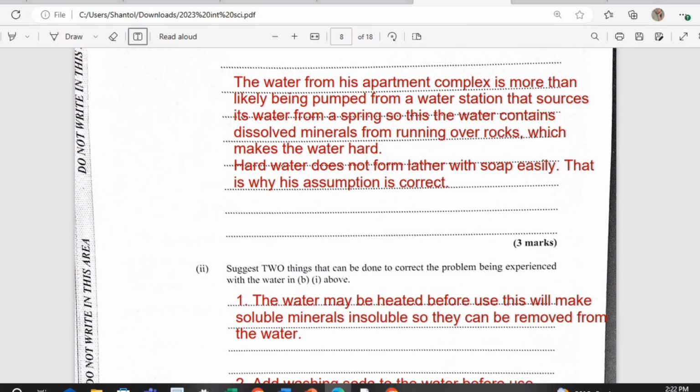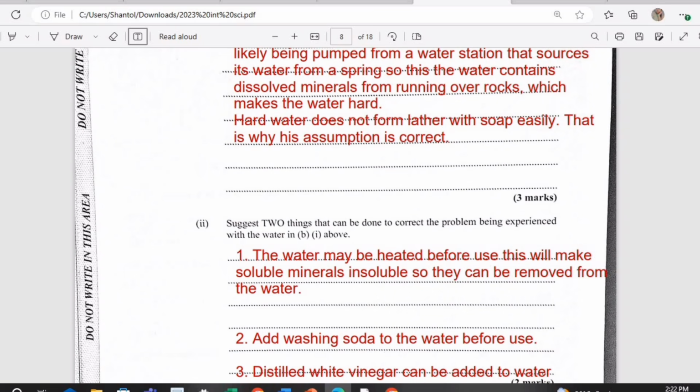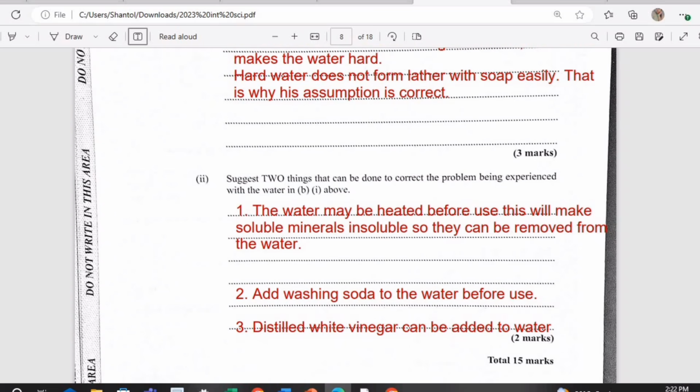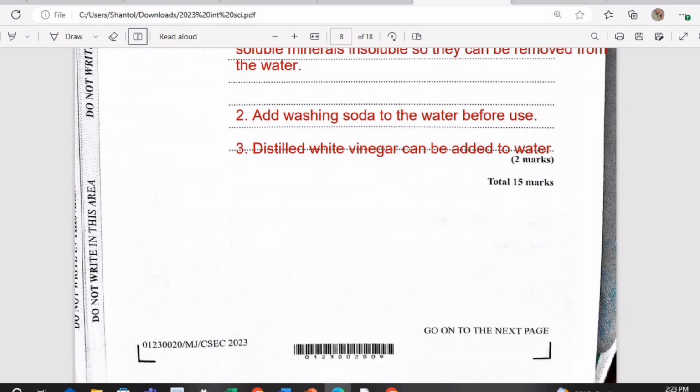This will make the soluble minerals insoluble so that they can be removed from the water. 2, you could add washing soda to the water before using, or even add some white vinegar to the water so that it can become softened. So adding washing soda or vinegar, or even boiling the water or heating the water, could have been a correct response, and any 2 of those would have given you 2 marks.